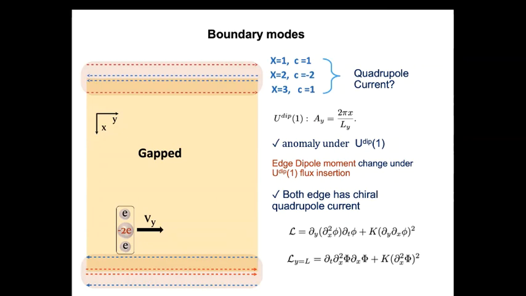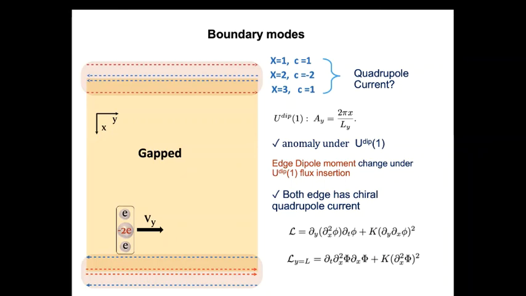And for your system, do you even have quadrupole conservation? No, I don't. So what does a quadrupole current mean then? The quadrupole current means that we have charge 2e in the middle and e and minus e at the top and bottom, and they move coherently along one direction.